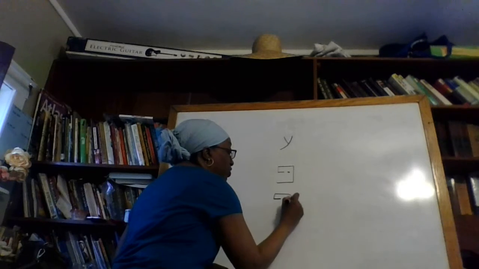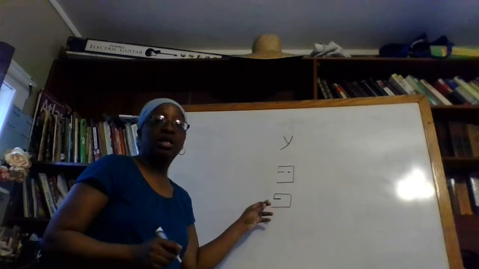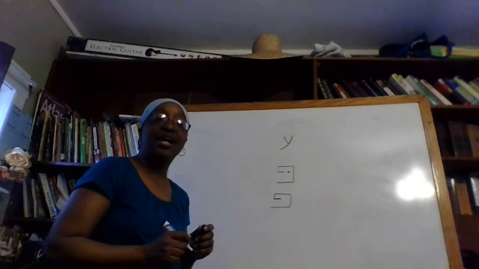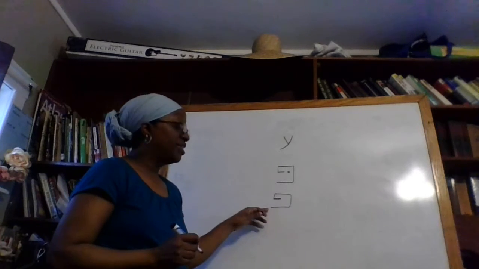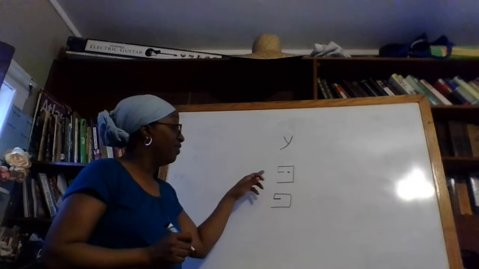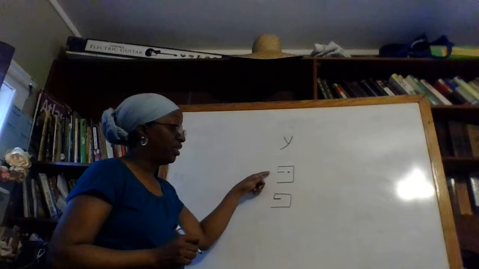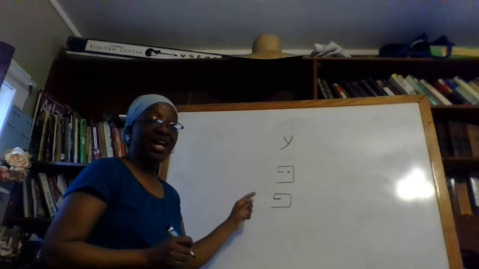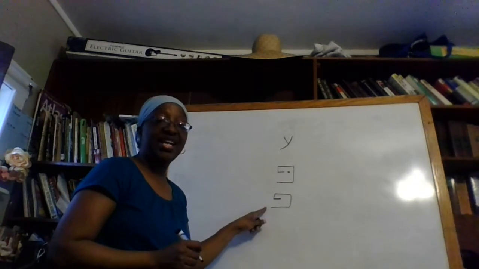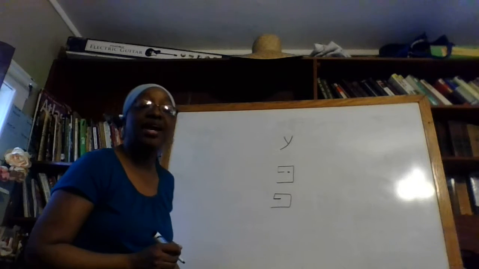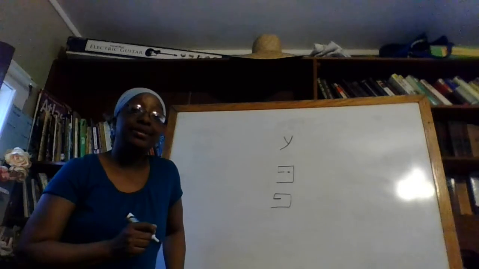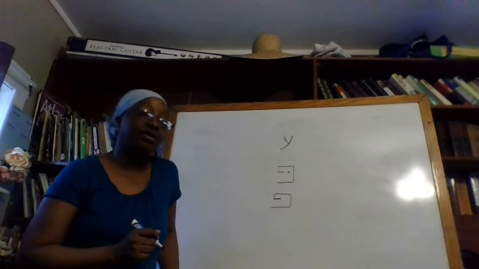Without the dagesh, it makes the F sound. This is the letter Fe. This is pay with the dagesh. Without the dagesh, the letter is Fe, and it makes the F sound, like in fun, like in fair.